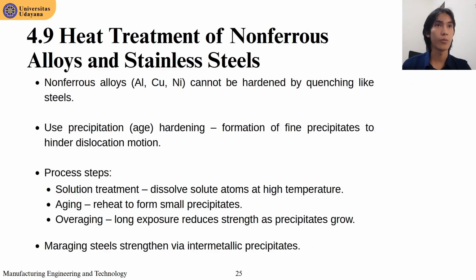Okay, next is 4.9 heat treatment of non-ferrous alloy and stainless steel. Many non-ferrous alloys are hardened by quenching. They use precipitation age hardening, solution treating, and aging for strengthening.